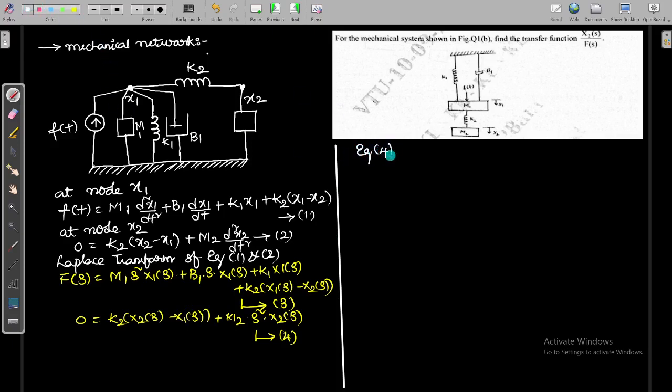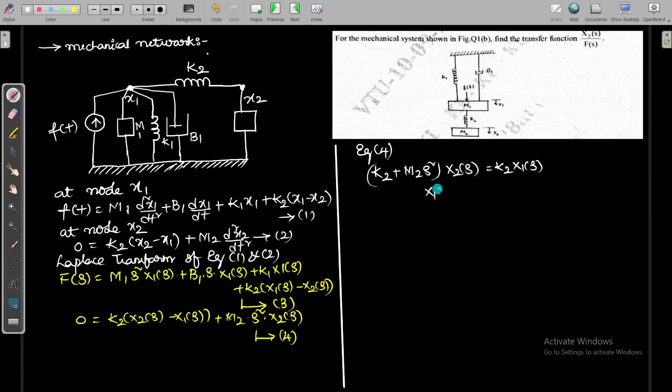So from equation number 4 we can write: k2 plus m2 s square, into X2(s), is equal to k2 into X1(s). Is it right or not? We have separated the x2 terms and x1 terms in equation number 4.